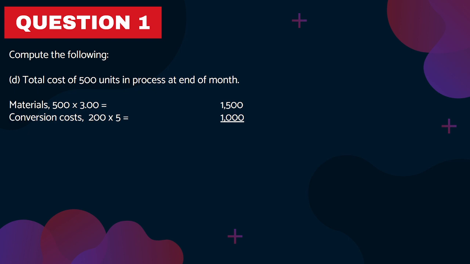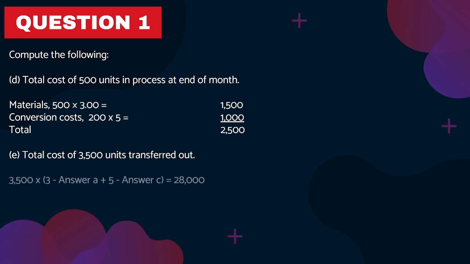For conversion cost, we got 200 equivalent units because it is 40% completed out of 500. Multiply with unit conversion cost of 5, which we get from C, and then together, we know that the total cost of 500 units at the end of month is 2,500.